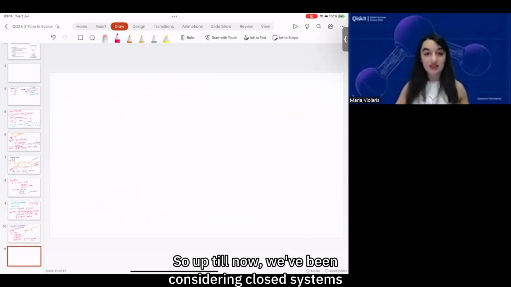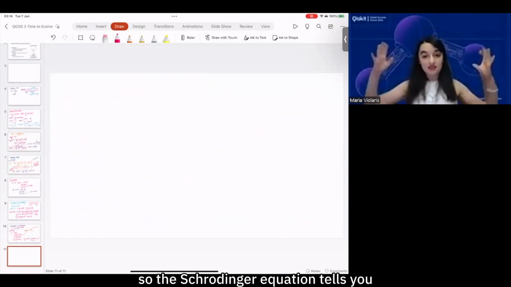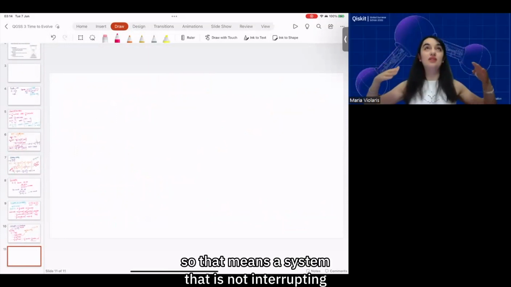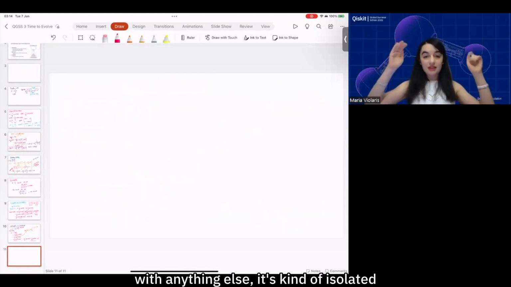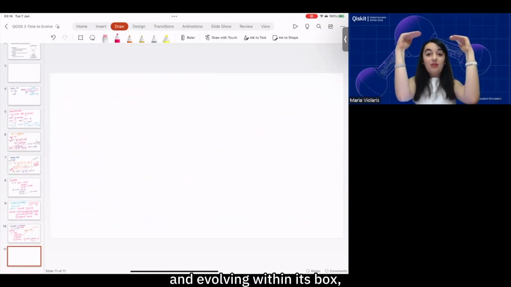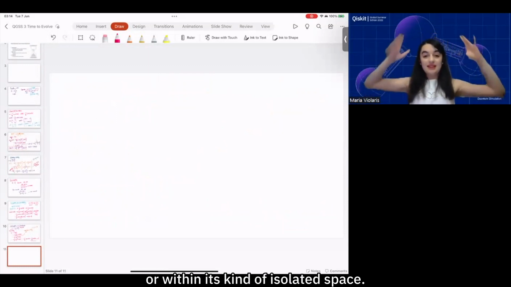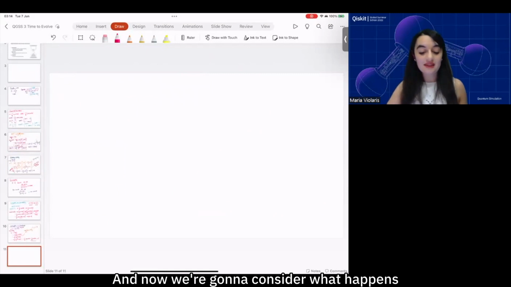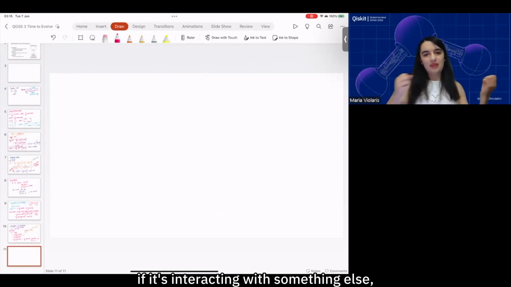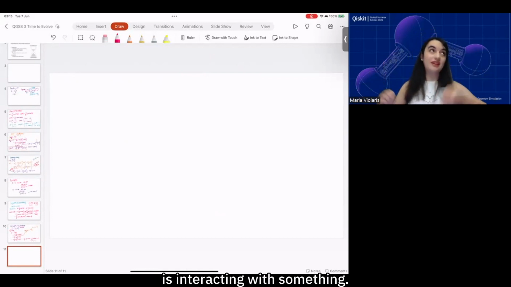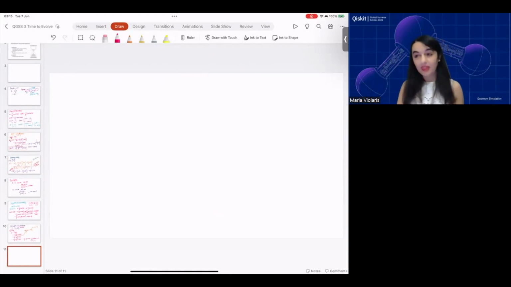Up till now, we've been considering closed systems. The Schrödinger equation tells you how a closed system will evolve over time, meaning a system that is not interacting with anything else. It's isolated and evolving within its own isolated space. Now we're going to consider what happens if it's interacting with something else. We call that an open system, where the system you're interested in is interacting with something.